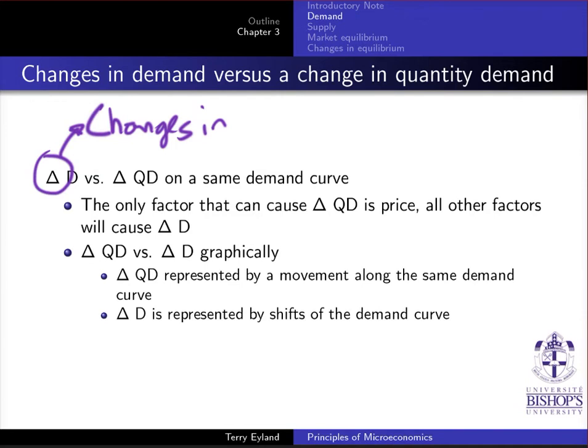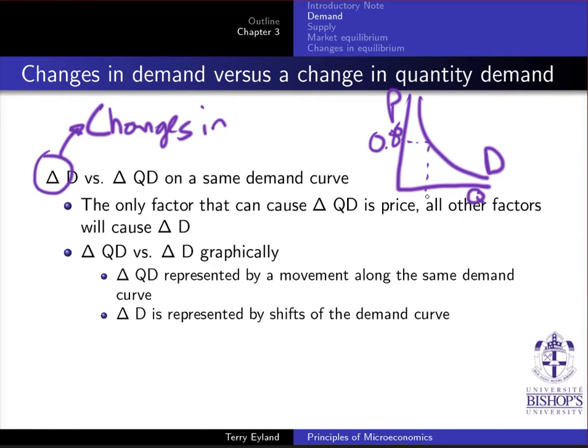So if I think of a demand curve as I had before, with price and quantity, and then I have my demand curve that demonstrates the relationship between the two. We say that the only factor that could cause a change in quantity demanded is the price. All other factors will cause a change in demand. So here, if I were to face a price of, let's say, 80 cents for yogurt, there's a certain quantity demanded at that price.